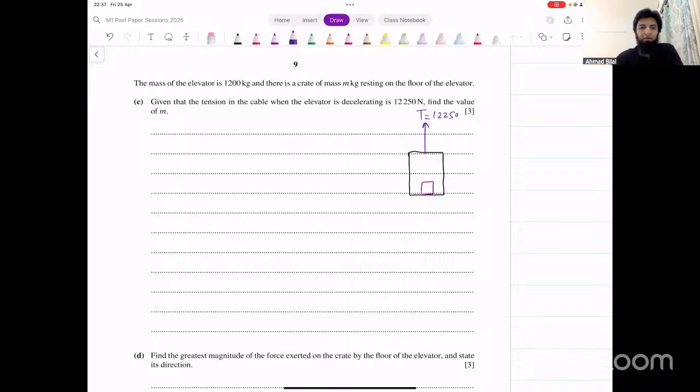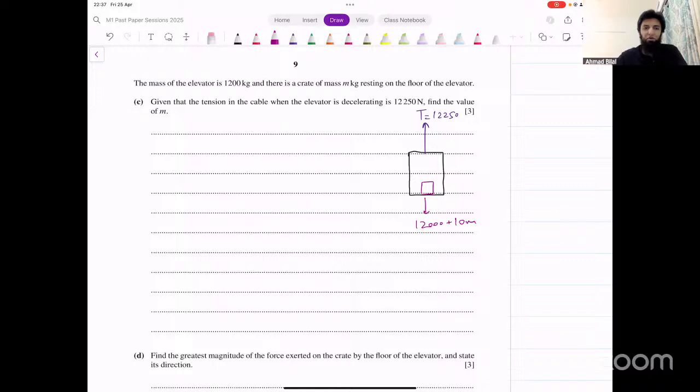What other forces do we have acting here? We have weight. What's the total weight of both of these? That will be acting in the downward direction. 12,000 for the elevator and 10 times m for that mass. We can say the total weight acting in the downward direction would be 12,000 plus 10 times m.